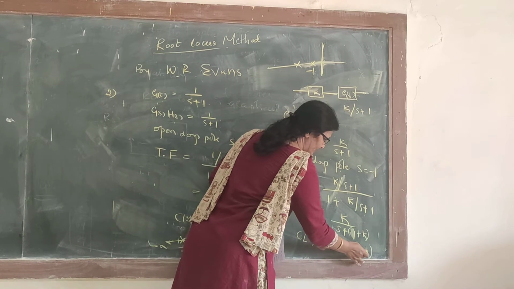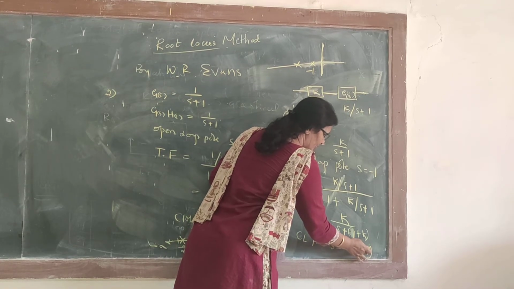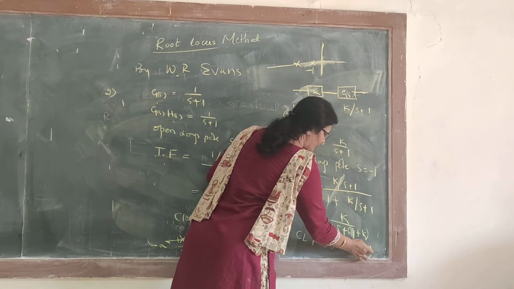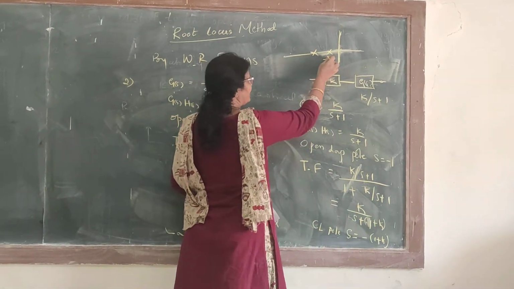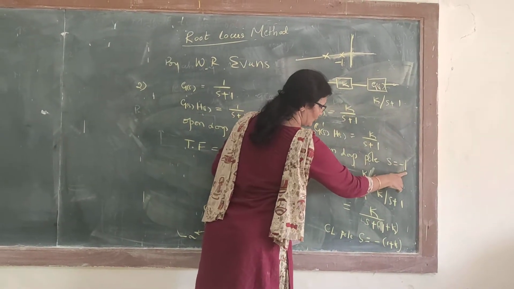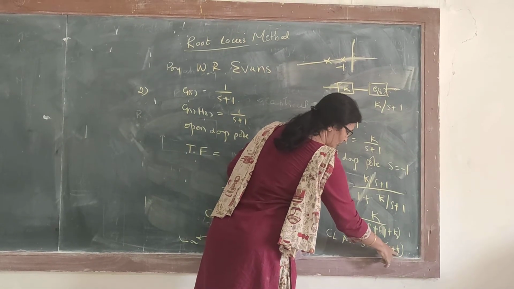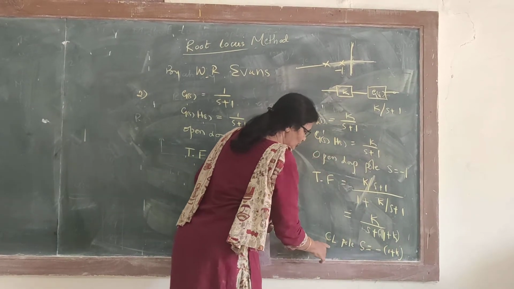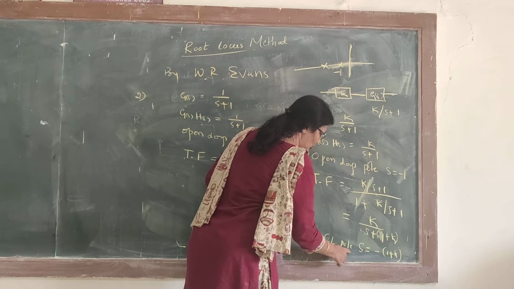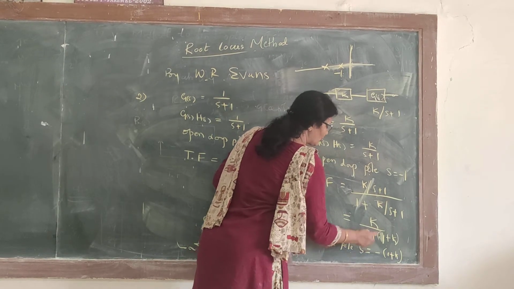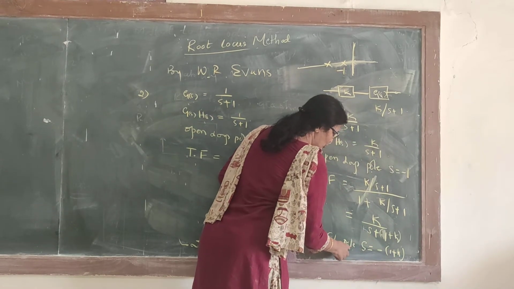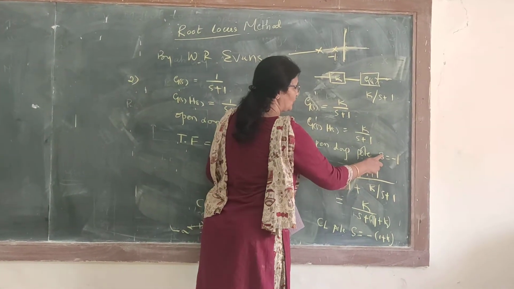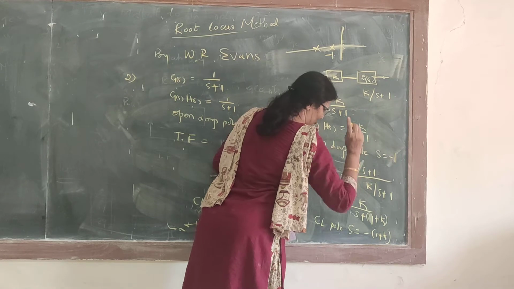Here, 1 plus k. I am going to increase this k from 0 to infinity. If you put k equal to 0, the closed loop pole is equal to the open loop pole, that is minus 1.